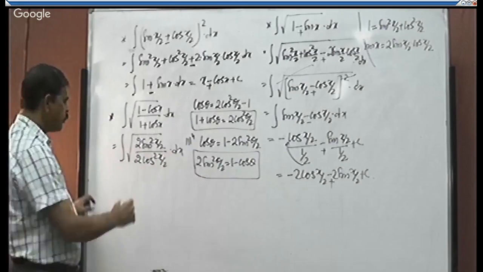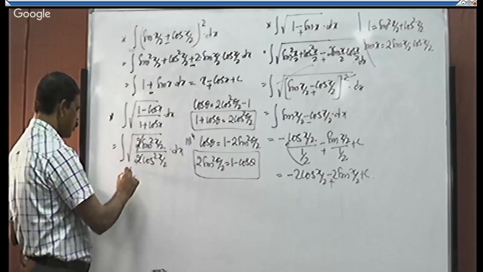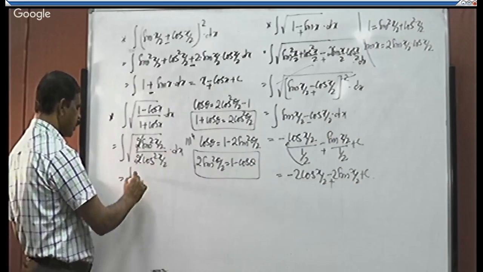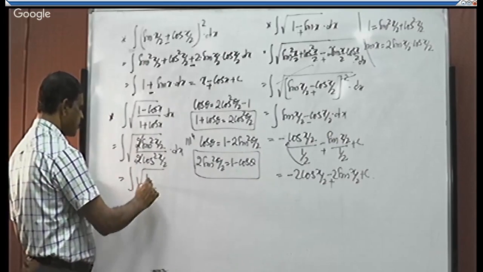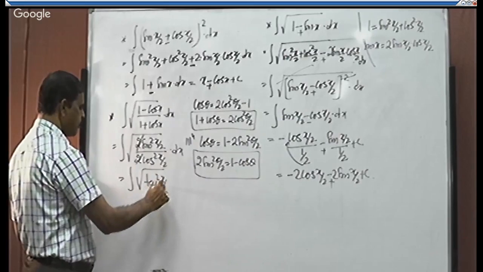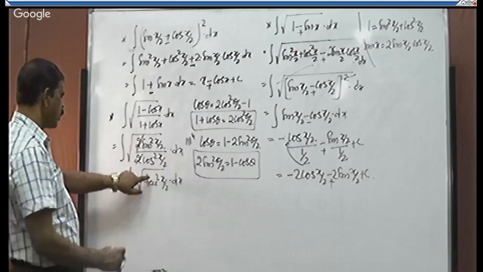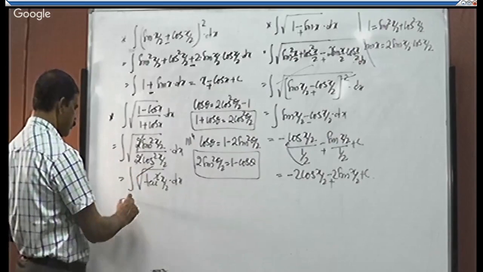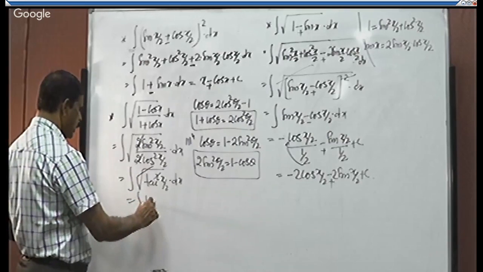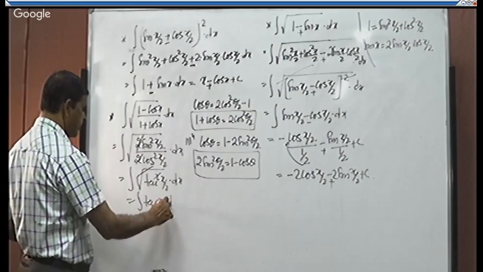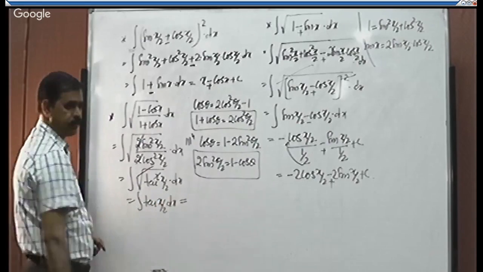Correct? These two get cancelled. What is remaining? Sin square by cos square. It is tan square x by 2. Can you cancel square and root? It is whole square, so you can cancel it. Finally, tan x by 2 remains. Now integrate this.